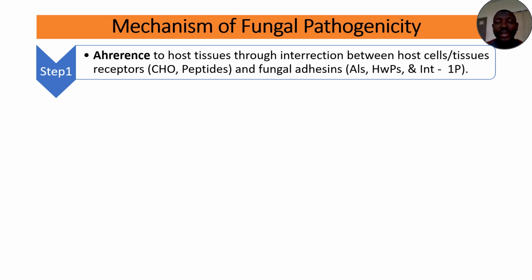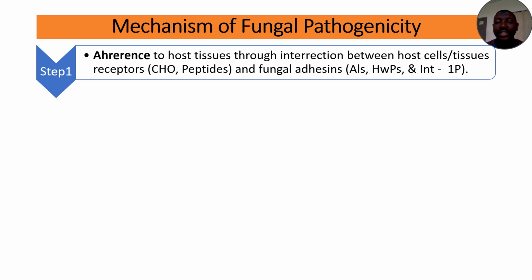So this adherence, as we explained earlier, involves participation of two factors: the specific receptors on the surface of the host cells and tissues, which are the carbohydrates and peptides, and then the ligands or adhesins on the fungal cells. So both of them interact just like enzyme and substrate.